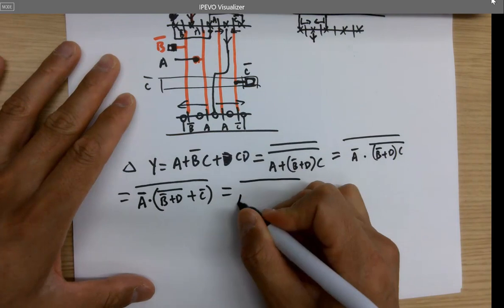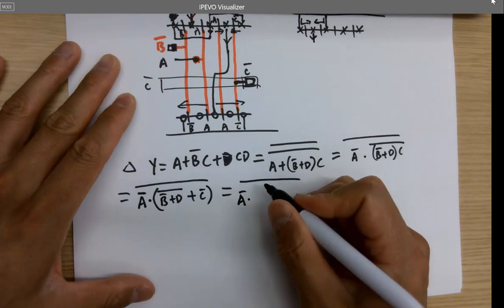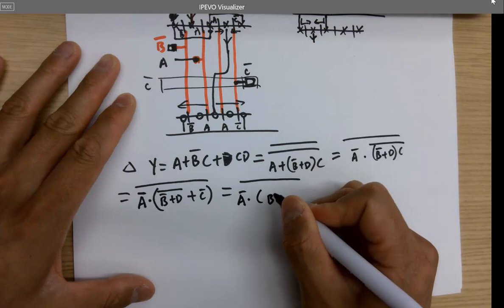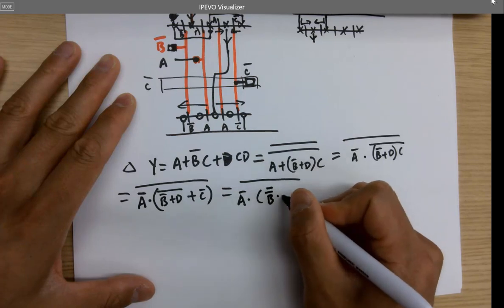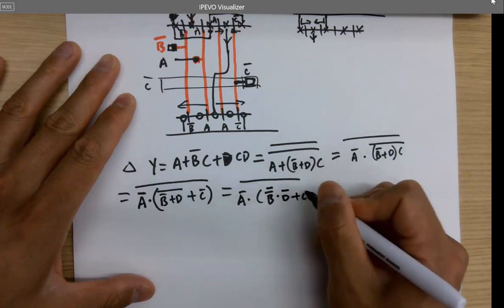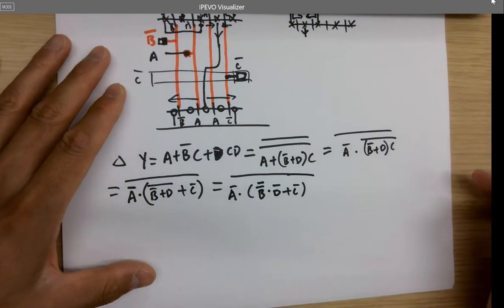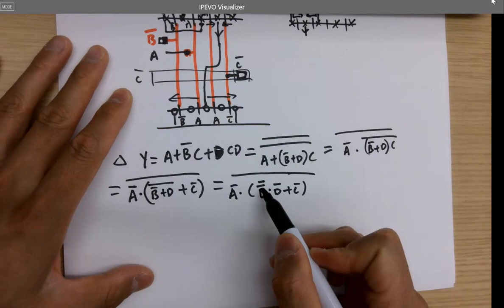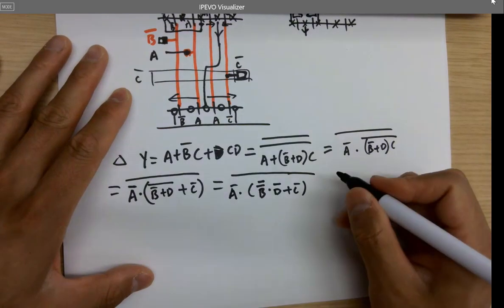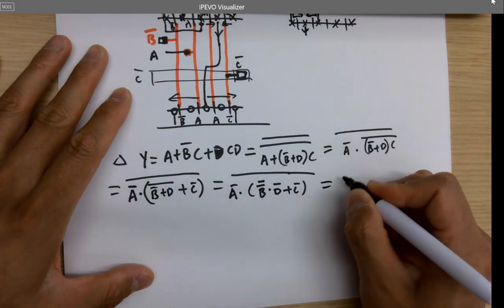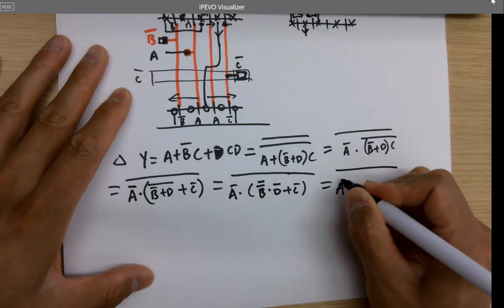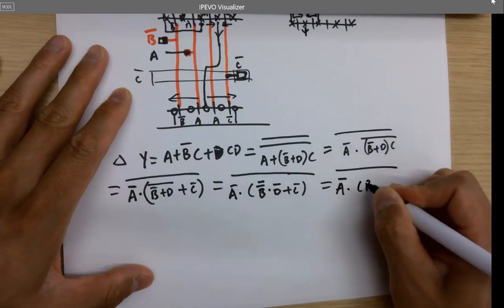And this becomes A naught and B naught and D naught or C naught. Seems like all the effort is trying to get rid of the bar on the B, on top of the B, which is A naught and B, yay.